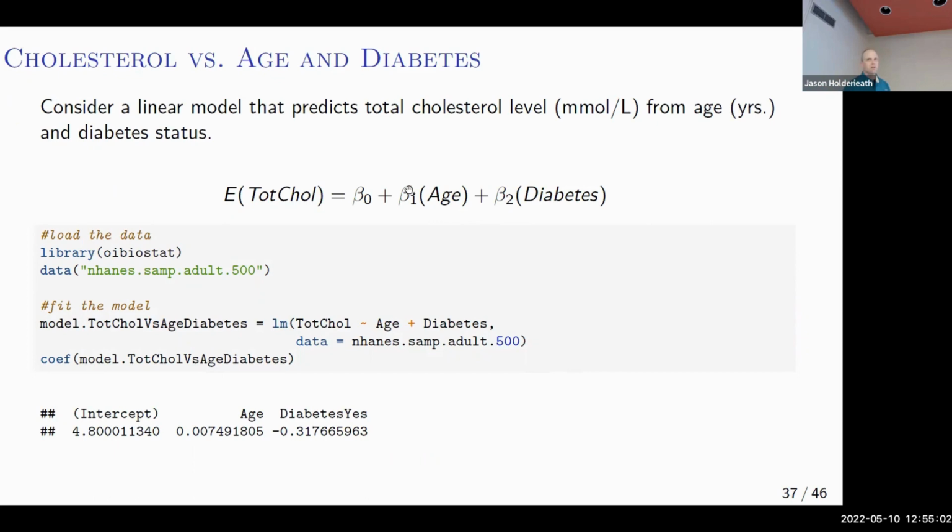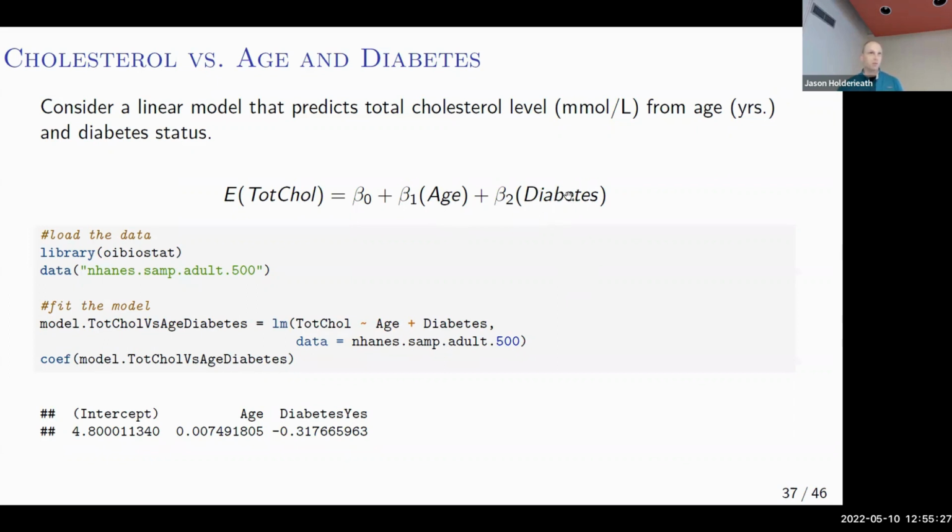maybe this model here does total cholesterol, and it's equal to beta naught plus beta 1 age plus beta 2 diabetes. So we would expect that total cholesterol has something to do with age. Okay, and we have diabetes here.